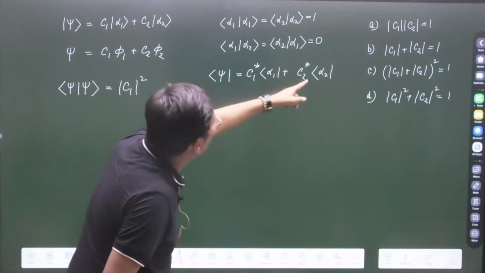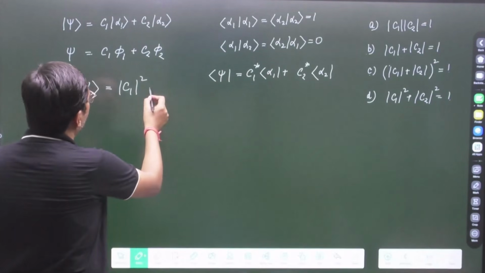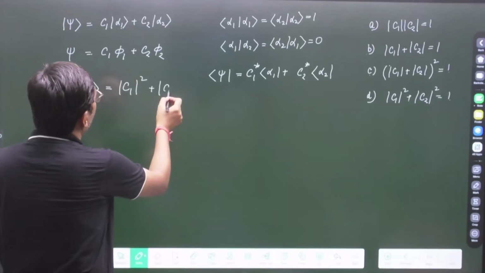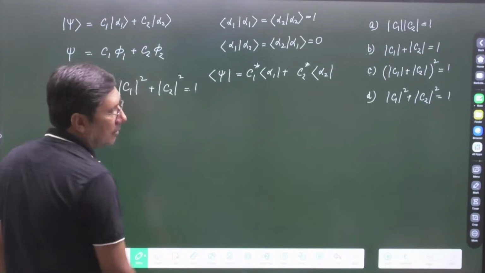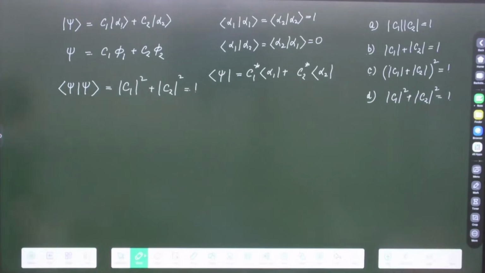The second one acting over the second one gives C2 star C2. So this will be 1. This is the normalization condition. So the answer is D. Okay, they may be simple questions, but we have to know everything.